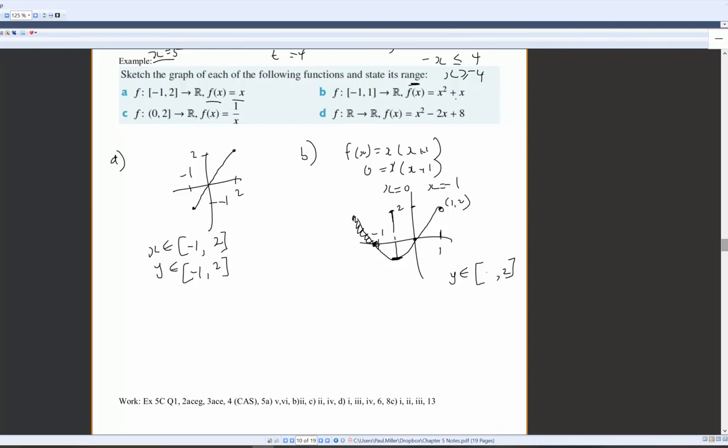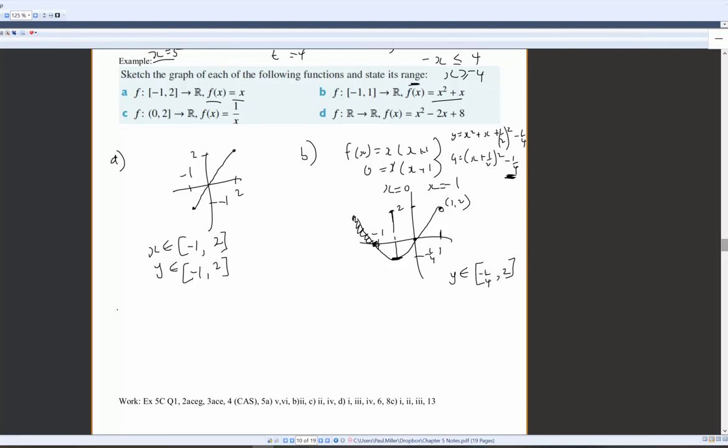I'll just quickly complete the square. y equals x squared plus x plus a half squared, take away a quarter. That's y equals x plus a half all squared, take away a quarter. This is the one I'm really interested in. That's how low it's going to go, at -1/4. So -1/4 is the y value.